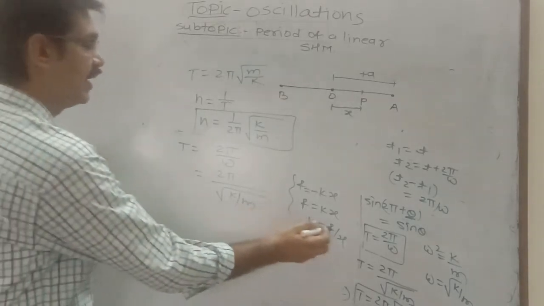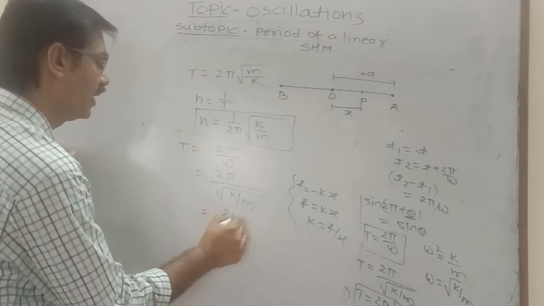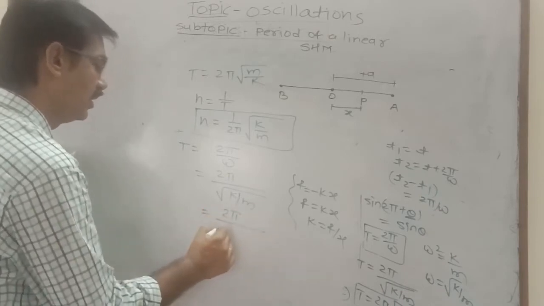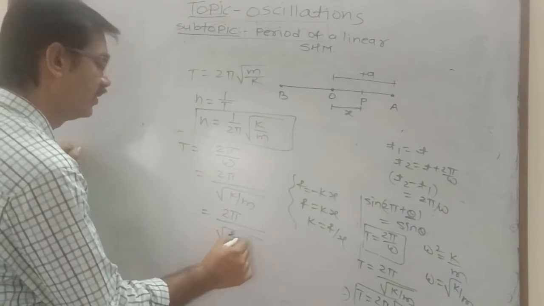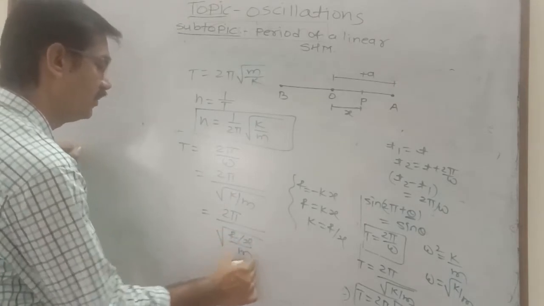If I put this value in this equation, then we get twice pi under root, here instead of k I can write F by x upon m.